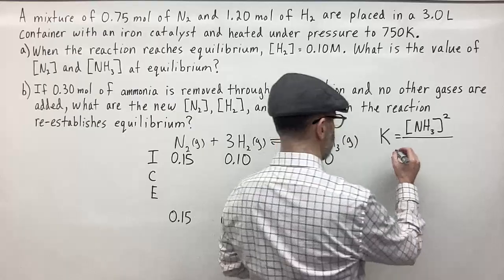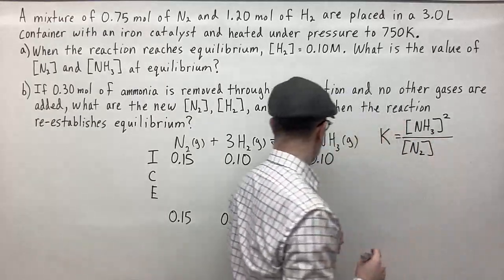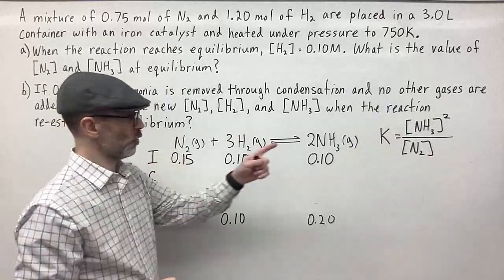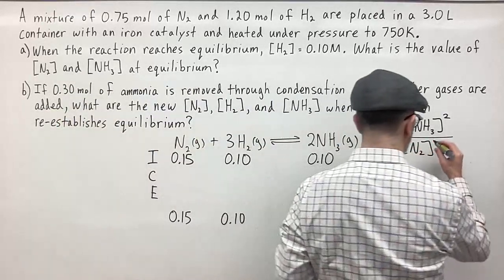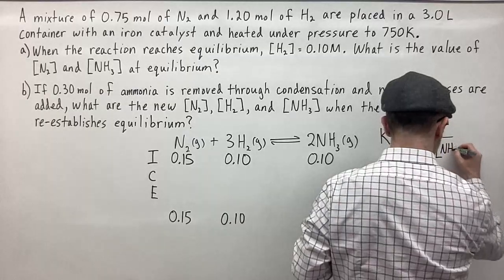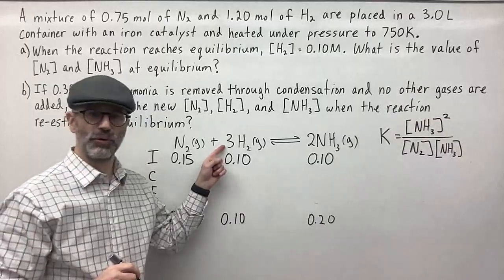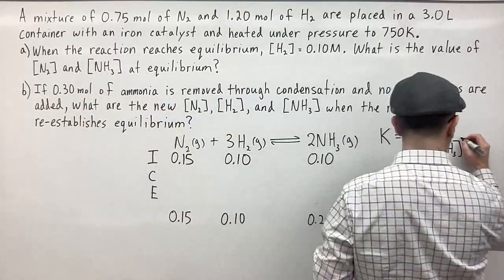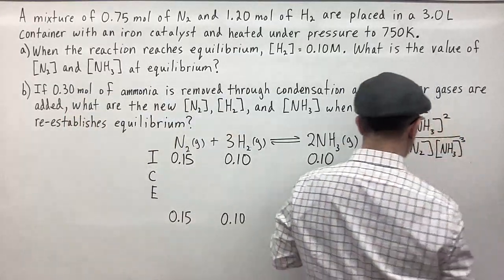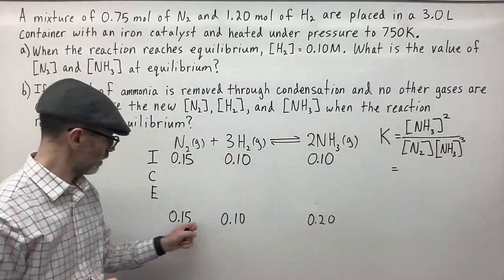So we have the concentration of N2, and its coefficient is 1, so we have a 1 power here. We don't write the ones. And then we have the concentration of H2, and because that has a 3 there, we're going to have a cube. So to find the equilibrium constant, we just plug in the values.